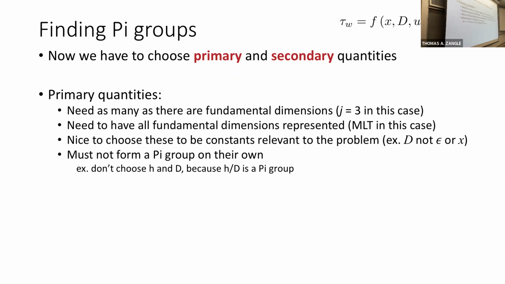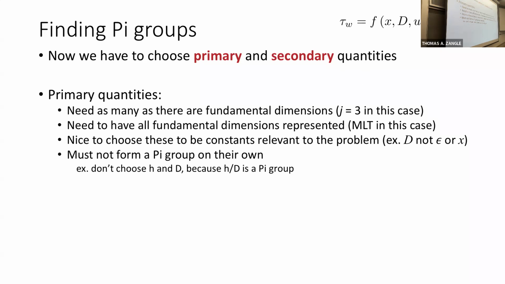But if you had, say, a velocity, a time scale, and a length scale, right? I guess mass wouldn't be represented there, but you could make a non-dimensional grouping of just those things together. So that would not work as a set of primary variables. Does that make sense?